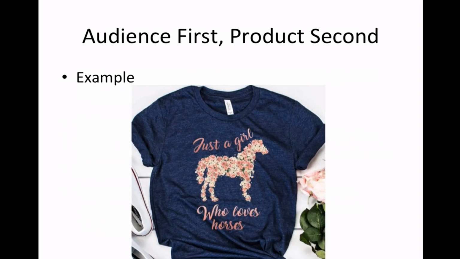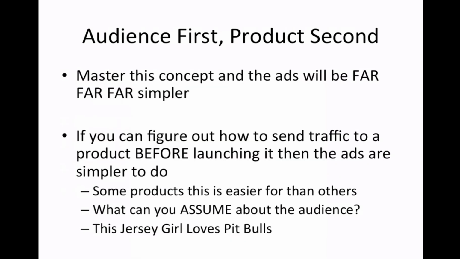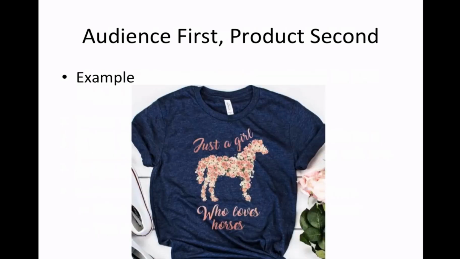Just a girl who loves horses. Now, as you can see from this slide here, this second bullet on the bottom, where it says, what can you assume about the audience? This is a really important question. Okay?